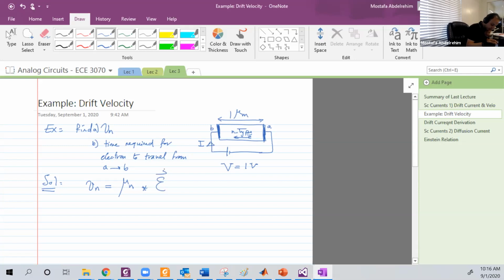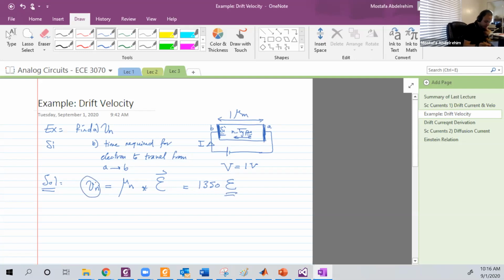Okay, this is a silicon material, so for silicon the mu n is 1350. So we need to know epsilon to calculate Vn, the drift velocity.